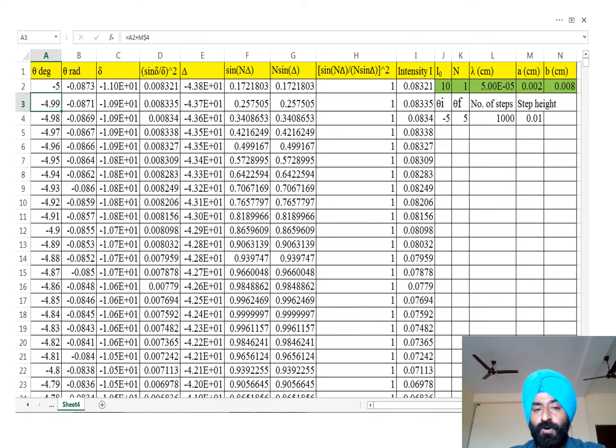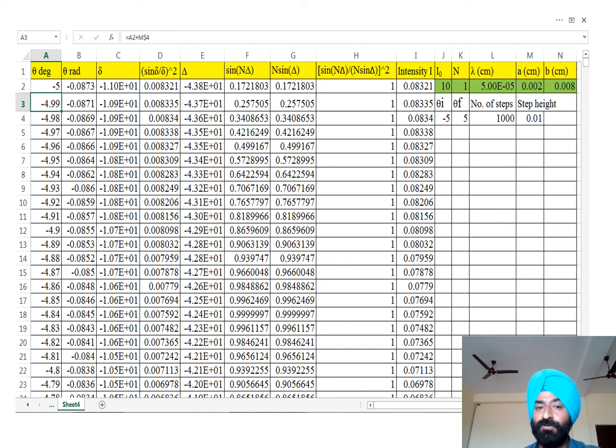Let us start organizing our Excel spreadsheet for that. For this, we write column A in terms of theta, in degrees. Then you convert theta into radians. You calculate the delta phase shift. Using this, you can use the Excel commands to calculate the diffraction term, that is sine delta by delta, whole square.